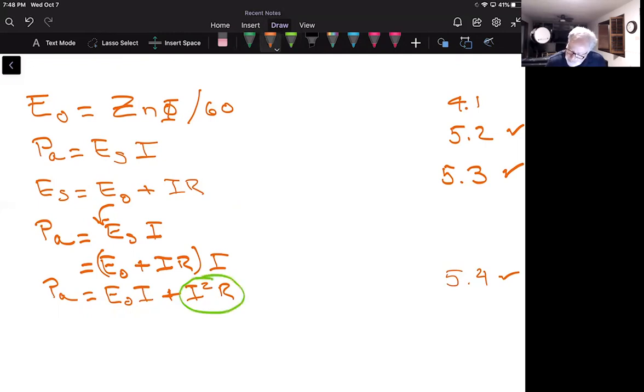I've got that I squared R term is the heat that's dissipated in the armature. It's resistance, current going through a resistive part of the circuit, and so it's lost in a way. But you'll hear this a lot: we'll call them I squared R losses, and those are heat losses.